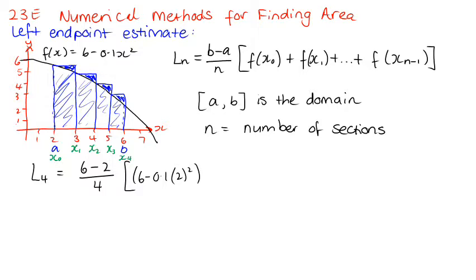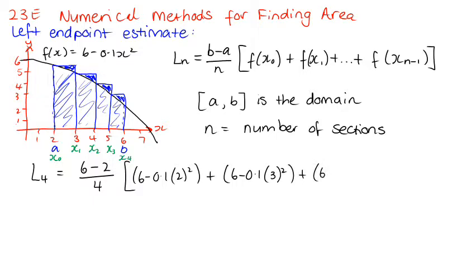Then we need to add f of x1, which is again the function substituting in 3. And we need to keep adding those until we get to f of xn minus 1. So what's n minus 1? 3. So we need to keep going until we get to x3, which is 5.